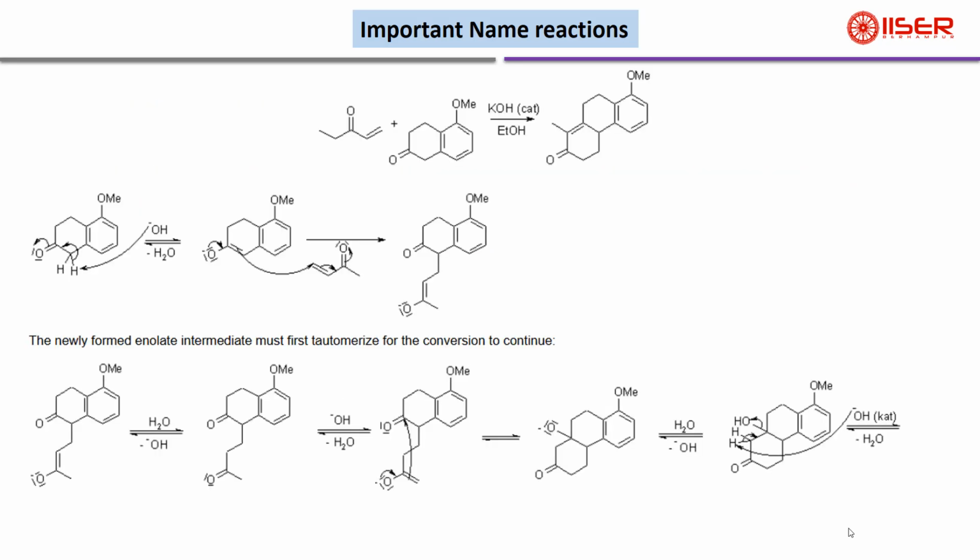If you look at the mechanism, there is a ketone and this alpha beta unsaturated compound, which combine to give us this steroid moiety. How does this happen? First, the alpha hydrogen is taken up by a base, and through enol formation it attacks the beta carbon of this alpha beta unsaturated ketone and forms this intermediate.